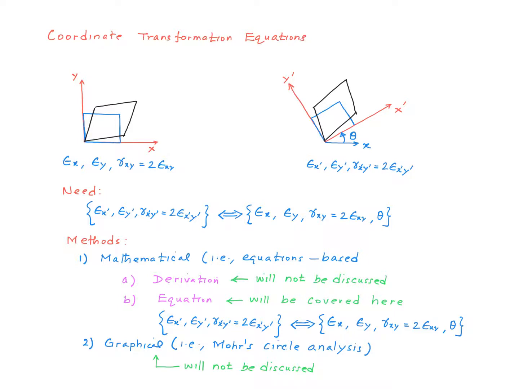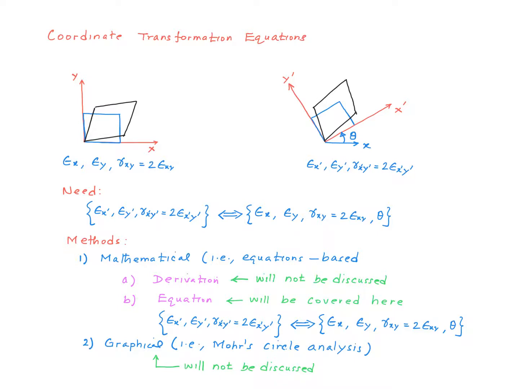In the section on coordinate transformation of stresses, we went through the details of the derivations. Here, for simplicity, I'm going to skip. Also note that the derivations are not identical. They are fundamentally different from each other. And if you are interested, I recommend that you refer to a book. But amazingly, we arrive at the same equations, and I'm going to show you that in the next slide.